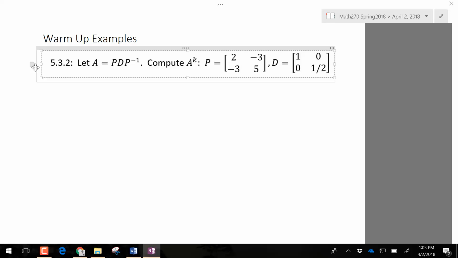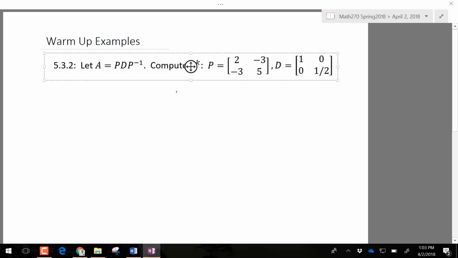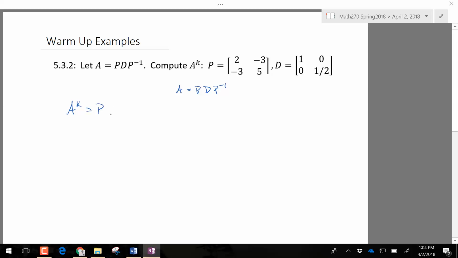They want us to compute A to the k. I don't know what A is, but I know that A is equal to P D P inverse. And so A to the k is equal to P D to the k P inverse.